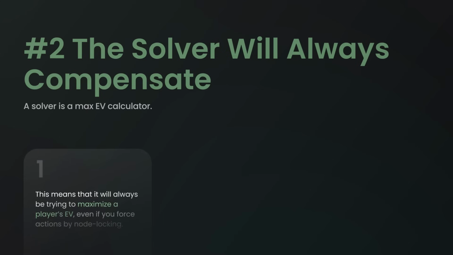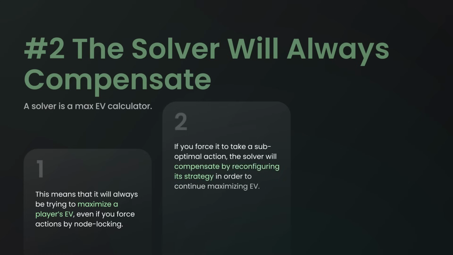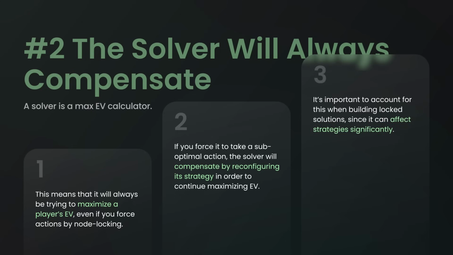So if you lock the solver in to do a specific thing, it's always going to try as hard as it can to compensate for that in whatever way it needs to in order to maximize its EV. It's going to reconfigure its entire strategy to cater to the specific thing that you forced it to do. So it's really important that we account for this when we run locked sims, when we node lock, because it can affect the strategies quite significantly.